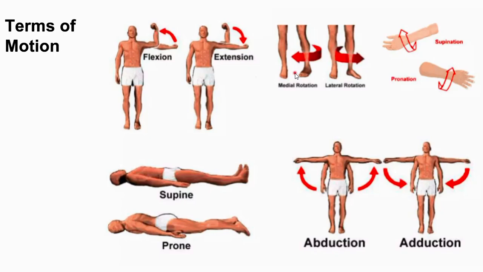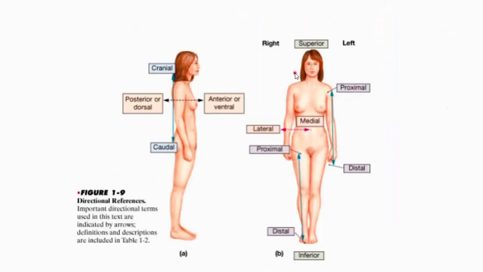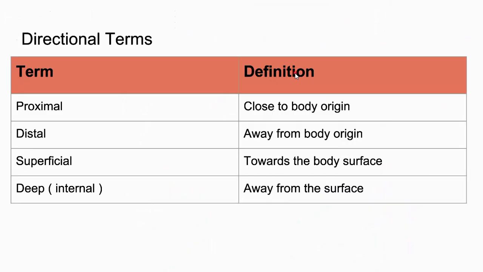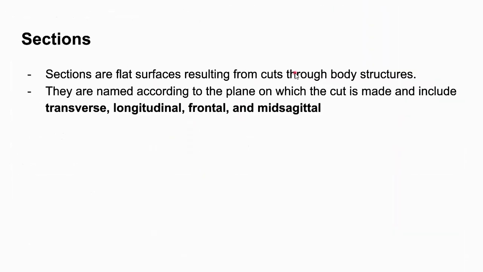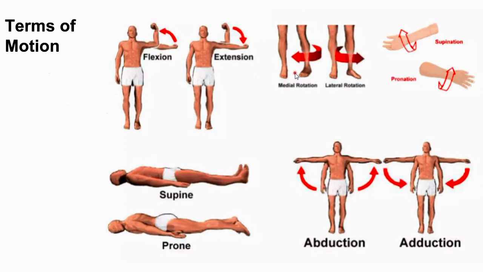These terms are going to be important to know, to understand a question or to understand the position of an organ, where it is. Of course, we are also talking about the planes and the directional terms. All these are going to work together towards one common goal.